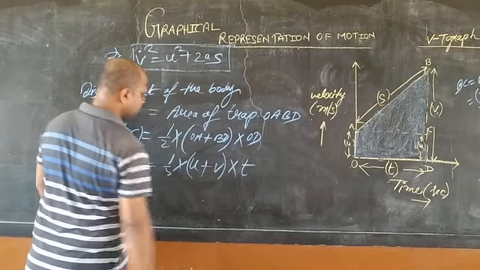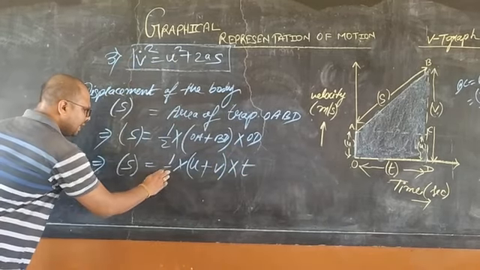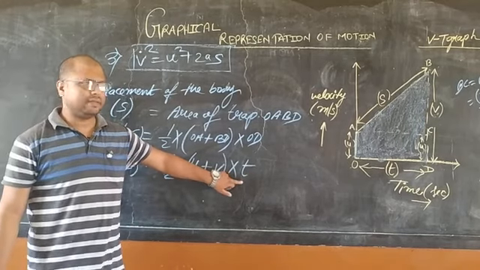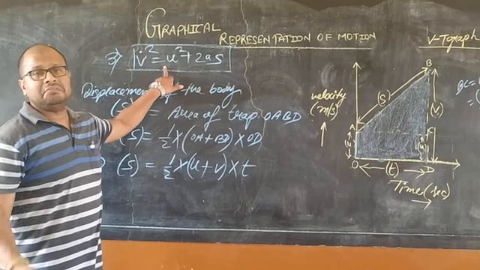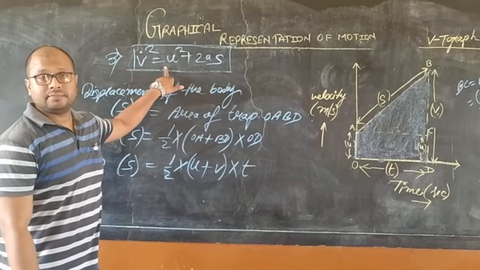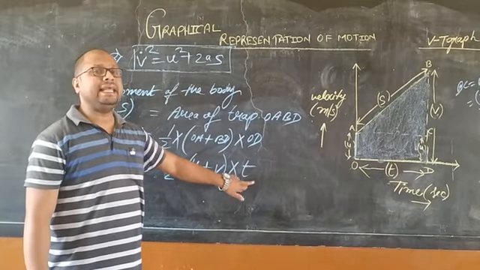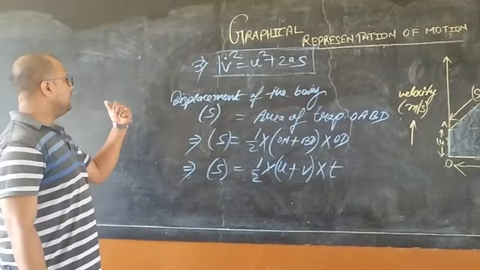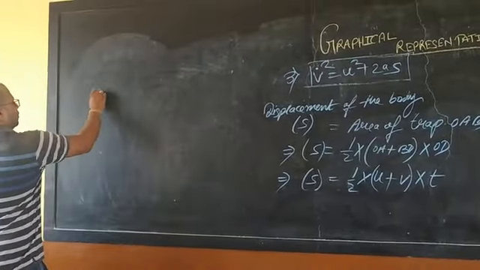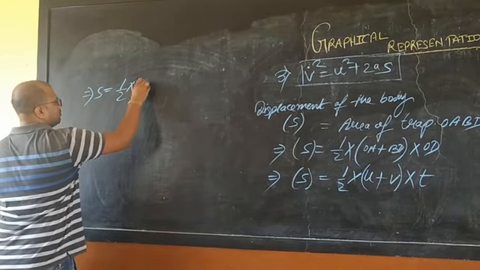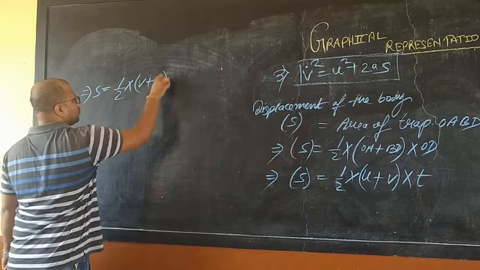Now we have to analyze something, students. We have time here, and this equation is not asking for time. This equation is not having time, so we have to remove this time anyhow. How we have to remove? Let's see. S is equal to half into, we can write this V plus U also.